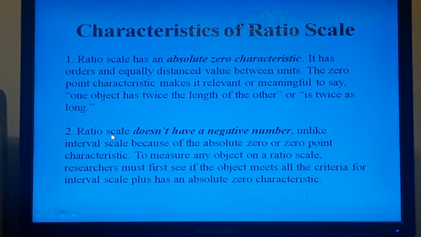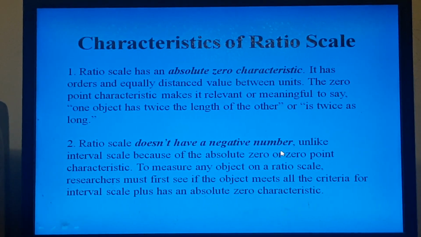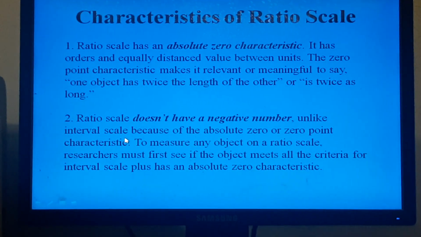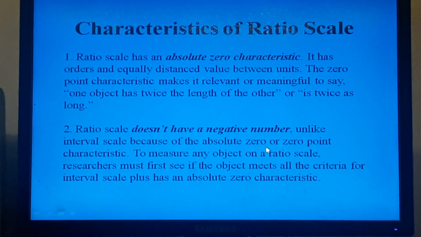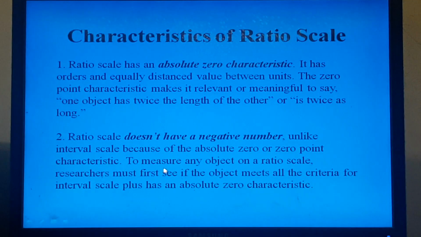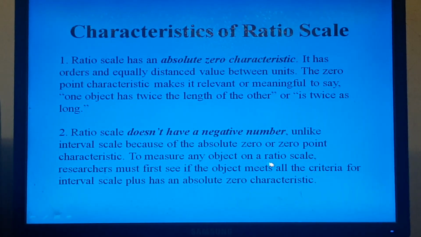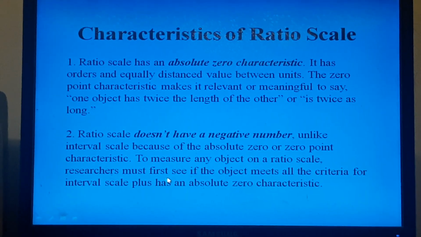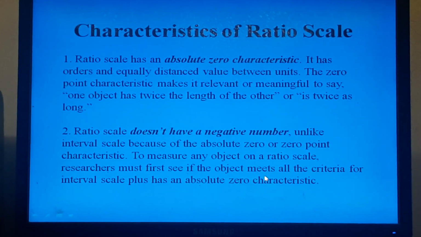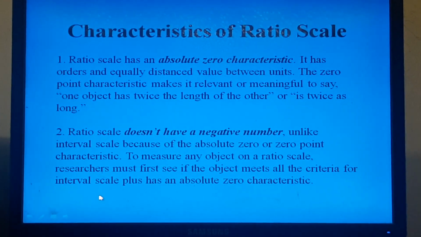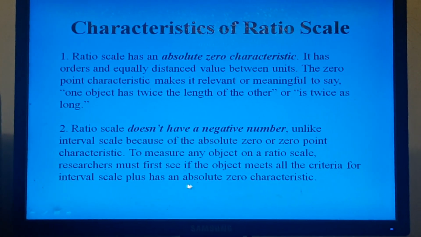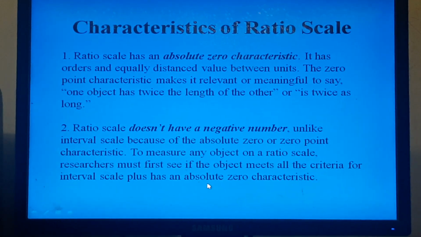The second characteristic is that the ratio scale does not have negative numbers, unlike the interval scale, because of the absolute 0 or 0 point characteristic. To measure any object on a ratio scale, researchers must first see if the object meets all the criteria for the interval scale plus has an absolute 0 characteristic.